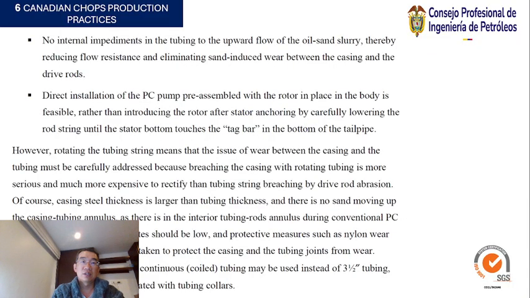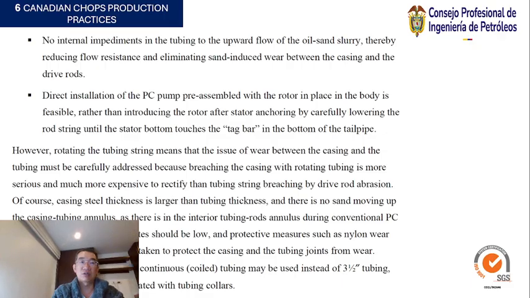No internal impediments in the tubing in the upward flow of the oil sand slurry, thereby reducing flow resistance and eliminating sand-induced wear between the casing and the drive rod.